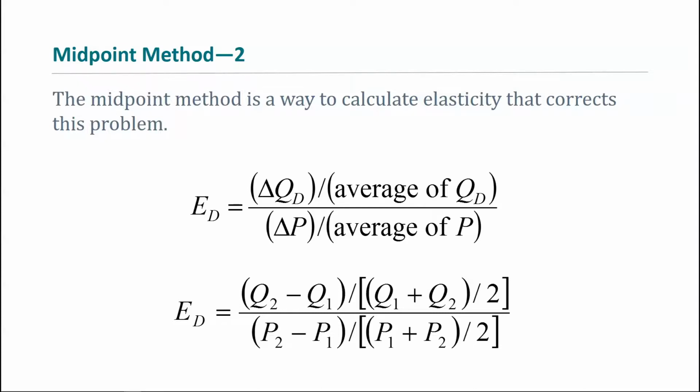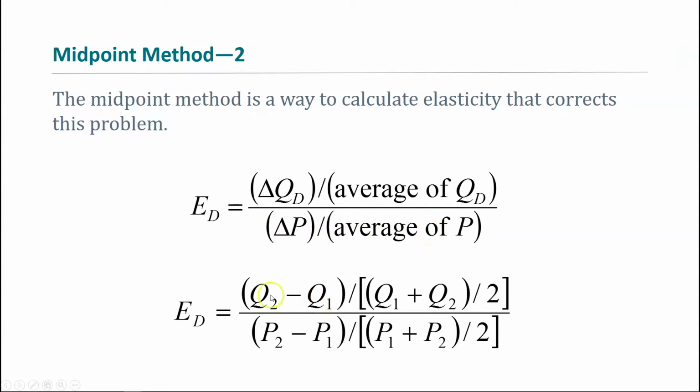So we'll calculate elasticity as the percent change in quantity divided by the percent change in price. And now we're calculating percent change by doing the change, so that's the new minus old part, divided by the average of the new and old, and the change in price divided by the average of the new and old price, right?